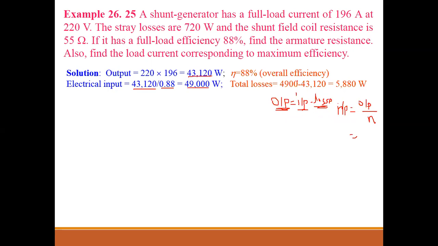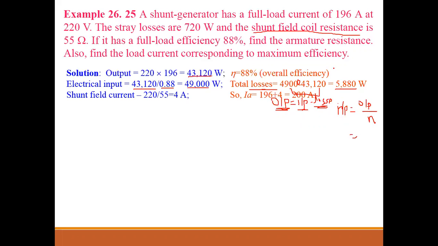So 49,000 is the input, and 43,120 is the output. So if we take input minus output, then we get the value of 5,880 watt, the total losses.